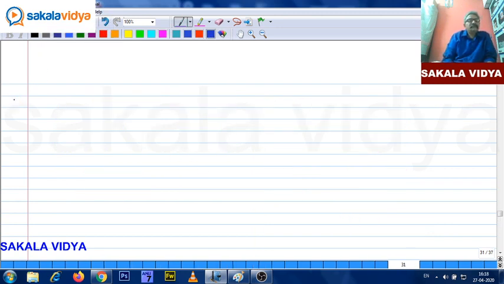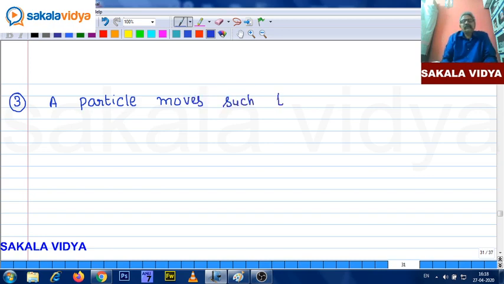Third problem. A particle moves such that s is equal to 6t cube plus 4t square plus 6t minus 3.